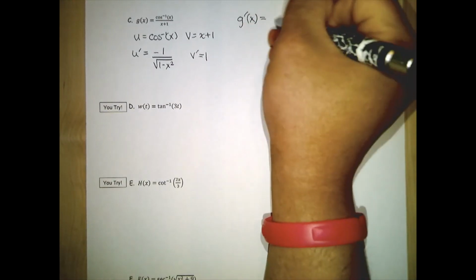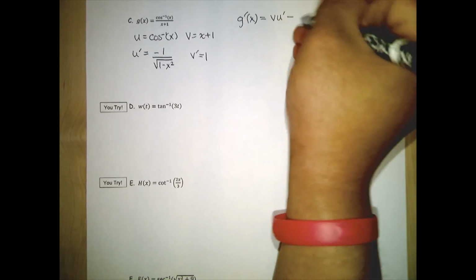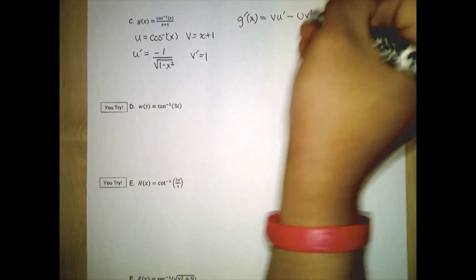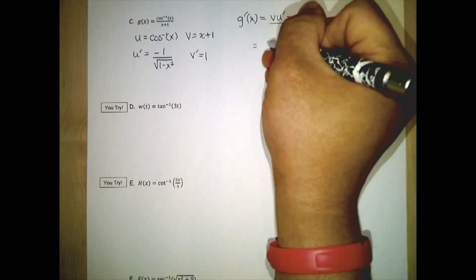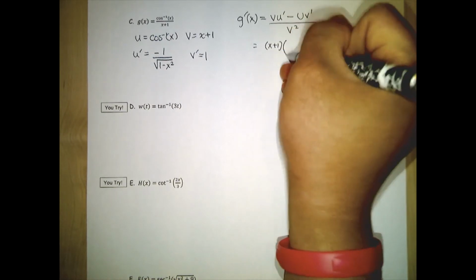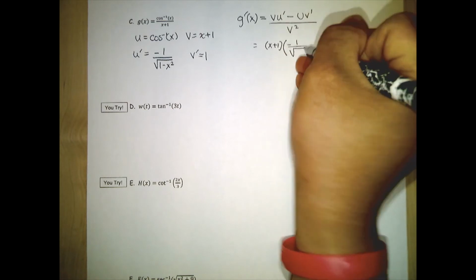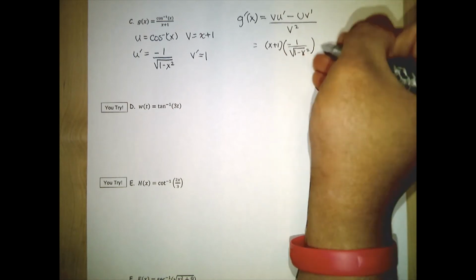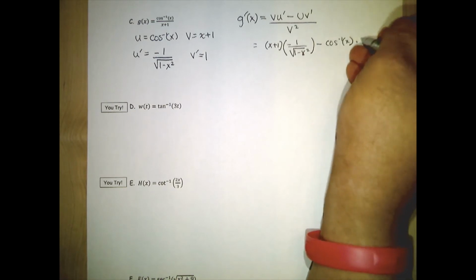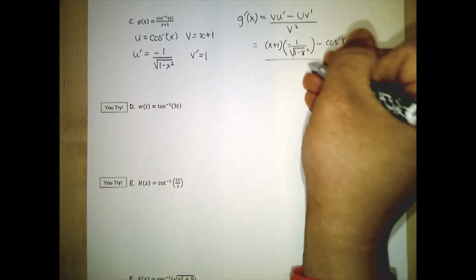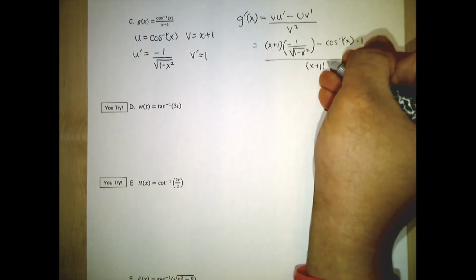So g prime of x using the quotient rule is v u prime minus u v prime all over v squared. So this will be x plus 1 times the negative 1 over the square root of 1 minus x squared minus cosine inverse of x times 1 all over x plus 1 squared.